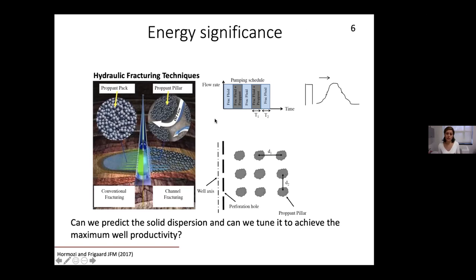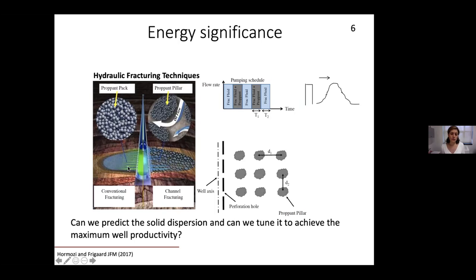On the energy front, one example is hydraulic fracturing. So we know that in the US, 50% of the oil and gas production is the outcome of hydraulic fracturing, in which an engineered suspension of fracturing fluid and proppant and sand is pumped into the reservoir with high pressure and rate.